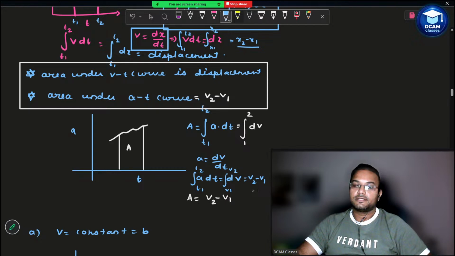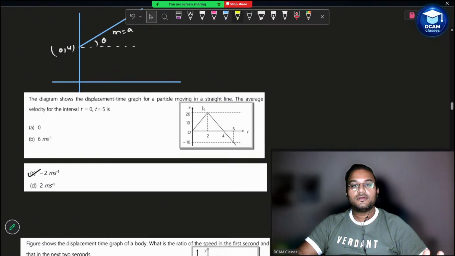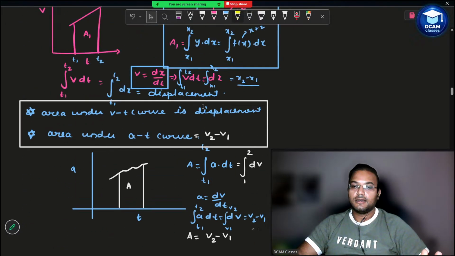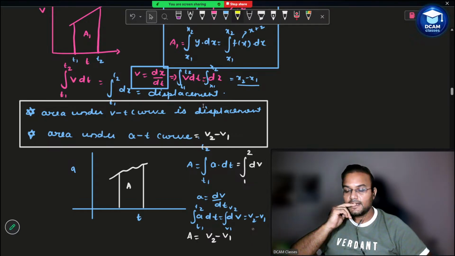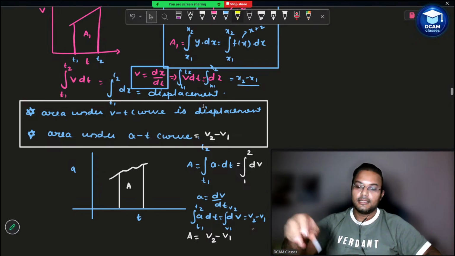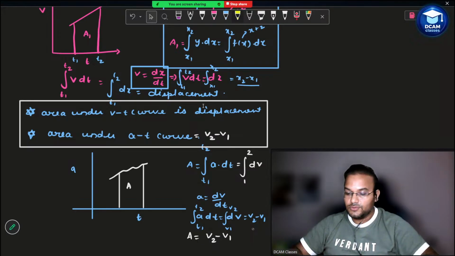That's why we get this. This holds for any value of t, even if t is 0 or any other value. Got it? These are the things that you will need to draw the graph. Now let us do some questions to understand.